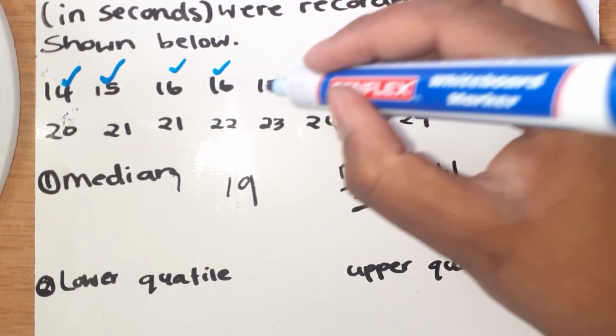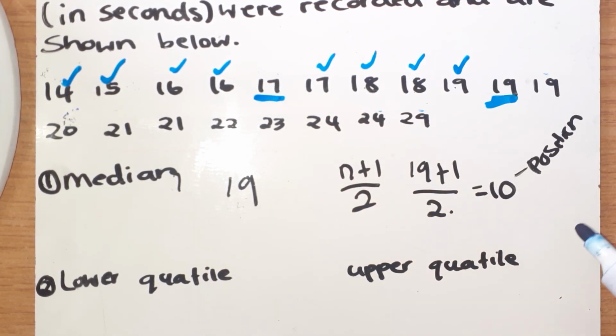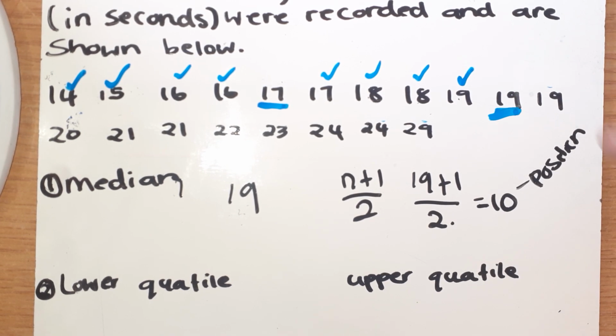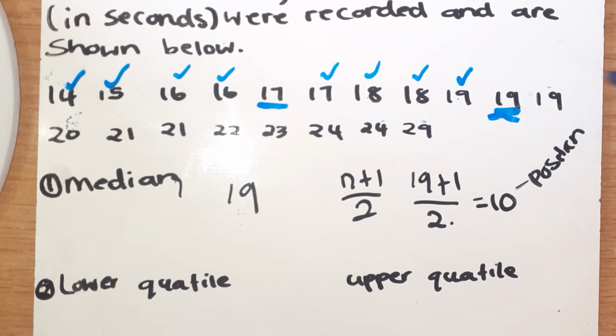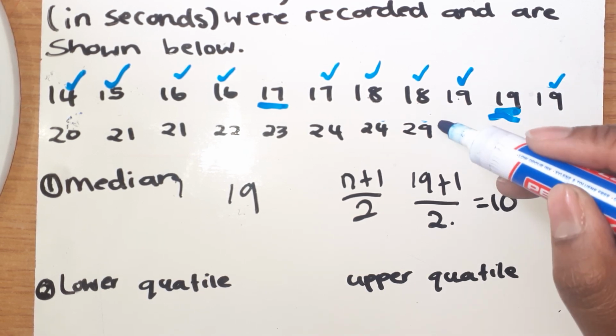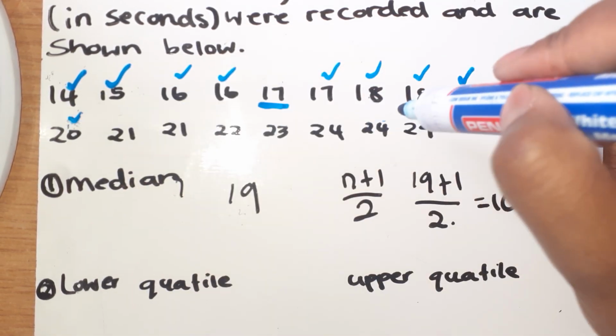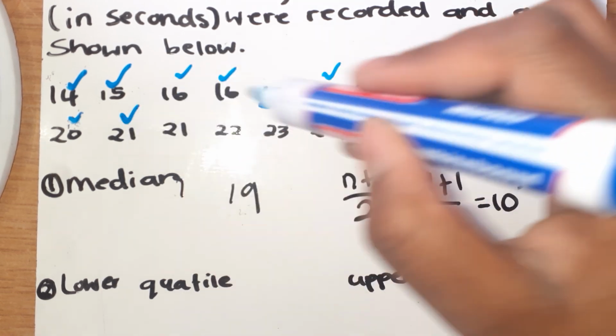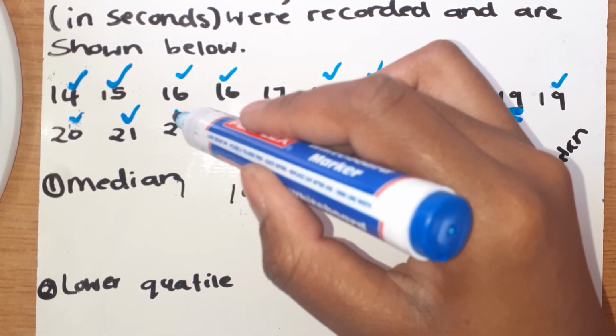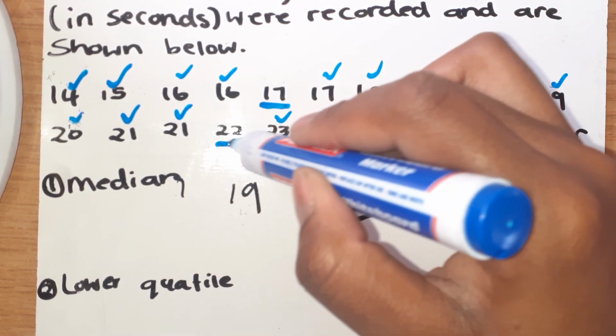And then we also have to look for the upper quartile. Everything above the median, we can look for the upper quartile. So I'll start here and then here, like that. This one and this one.